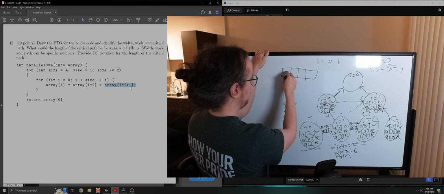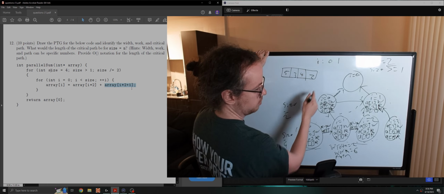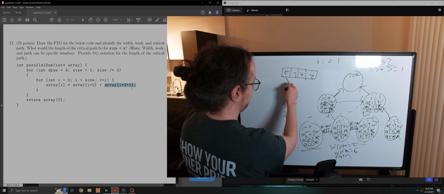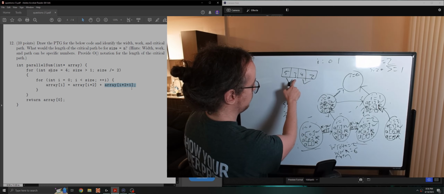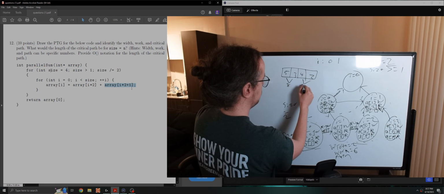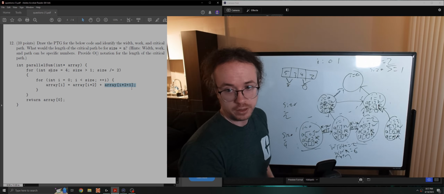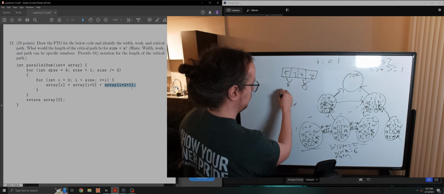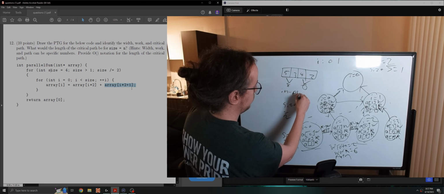So if I do some numbers here, let's say 5, 3, 4, 2, okay? What you're doing here is you're computing 5 plus 3, and 4 plus 2. So you get 8, you get 6. And then you are storing them in place.